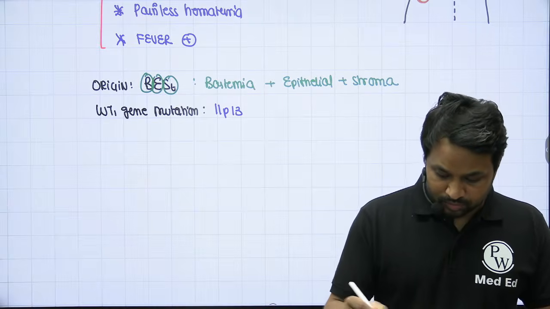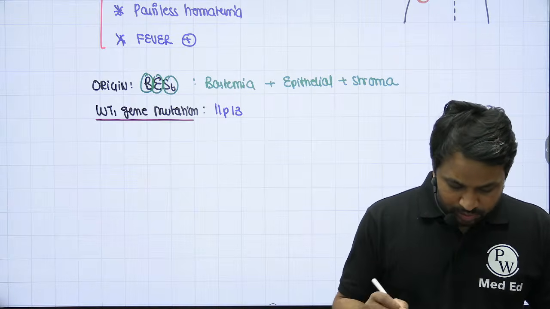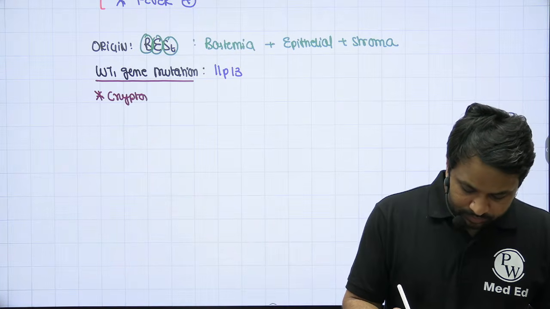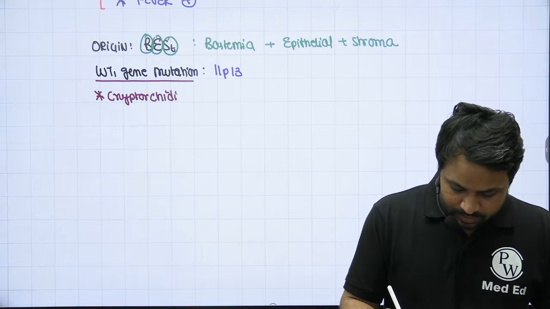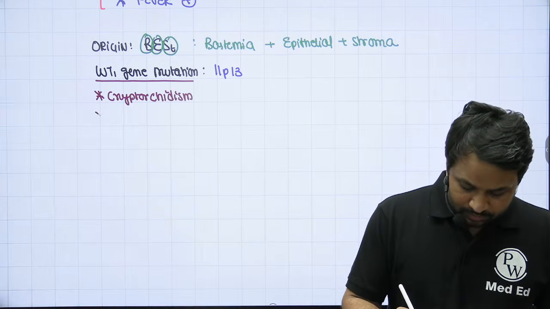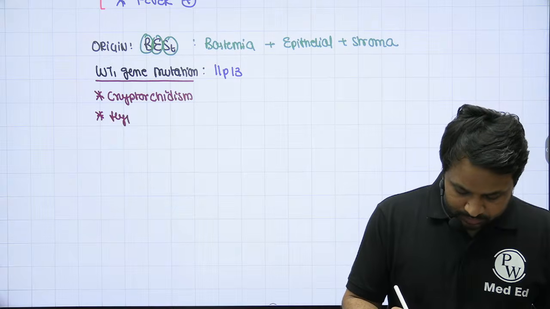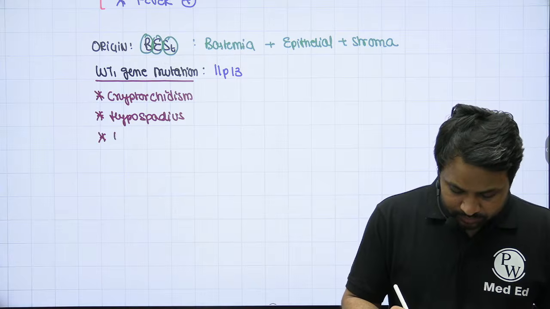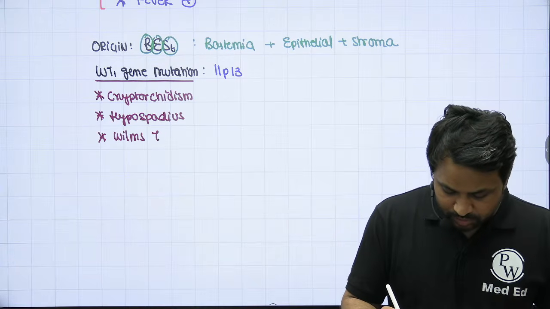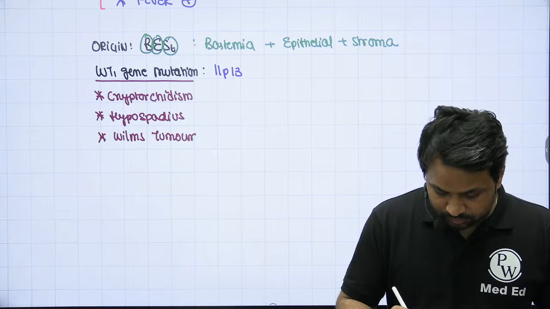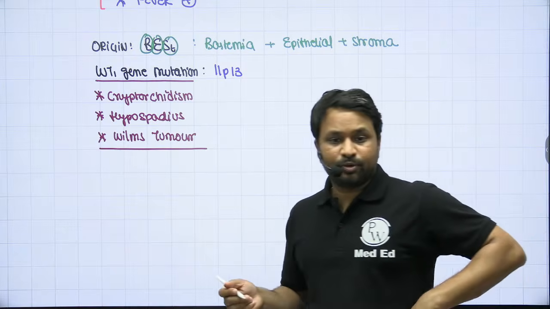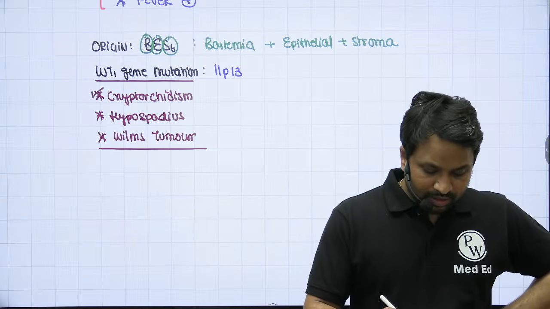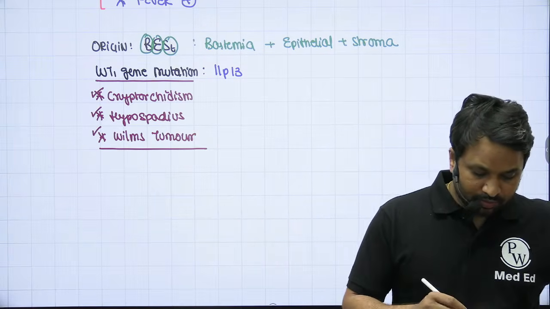This WT1 gene mutation is also associated with cryptorchidism, hypospadias, as well as Wilms tumor. So these are the components associated with WT1 gene mutation.